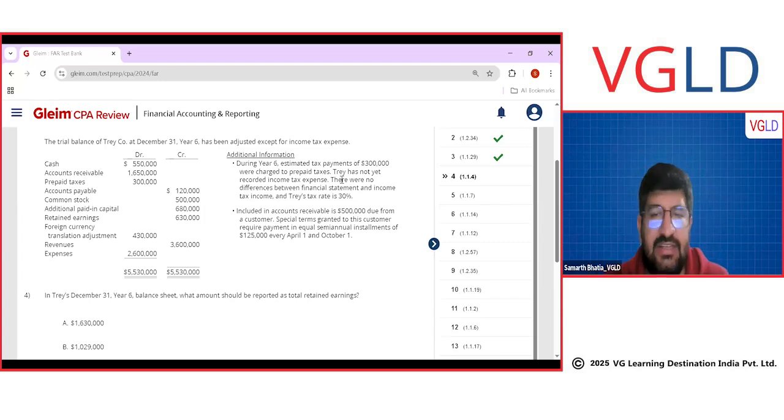Included in the AR is 500,000 due from a customer. Special terms granted to this customer require payment in equal semi-annual installments of 125,000 every year, every April 1 and October 1. So how much amount should be reported in the total retained earnings?